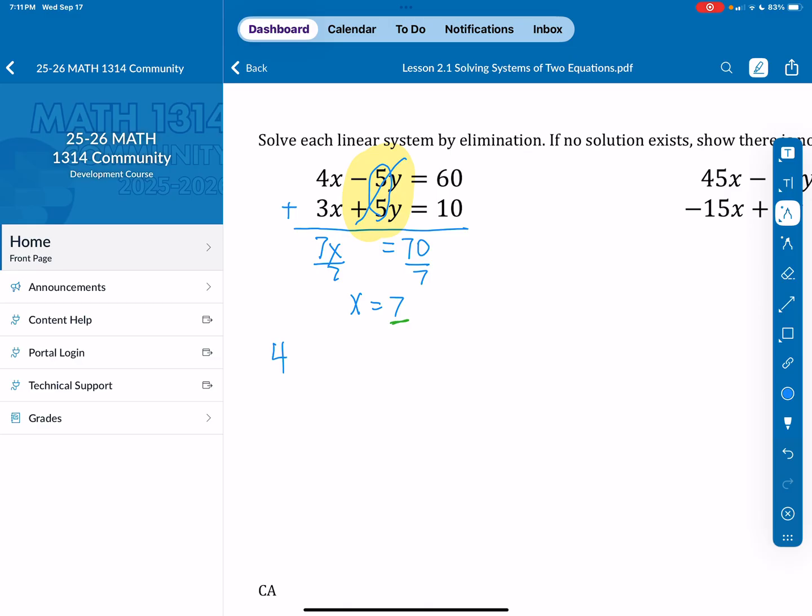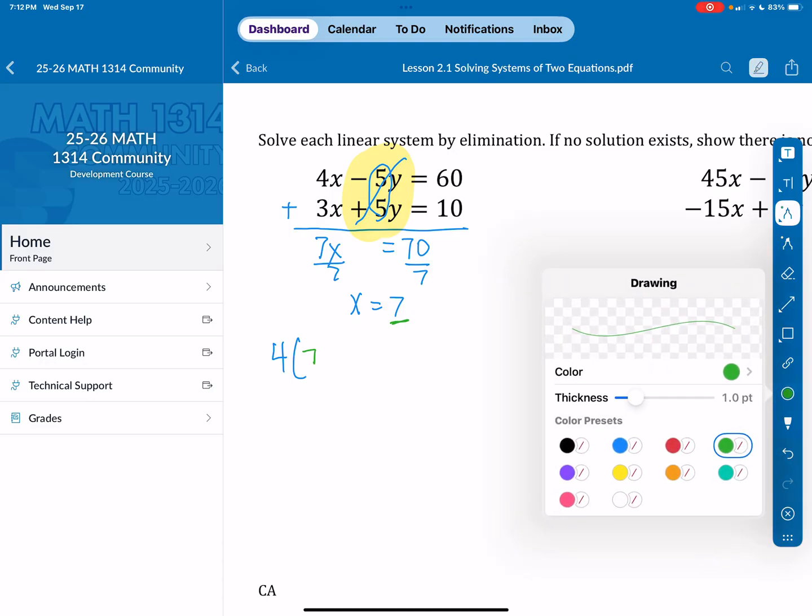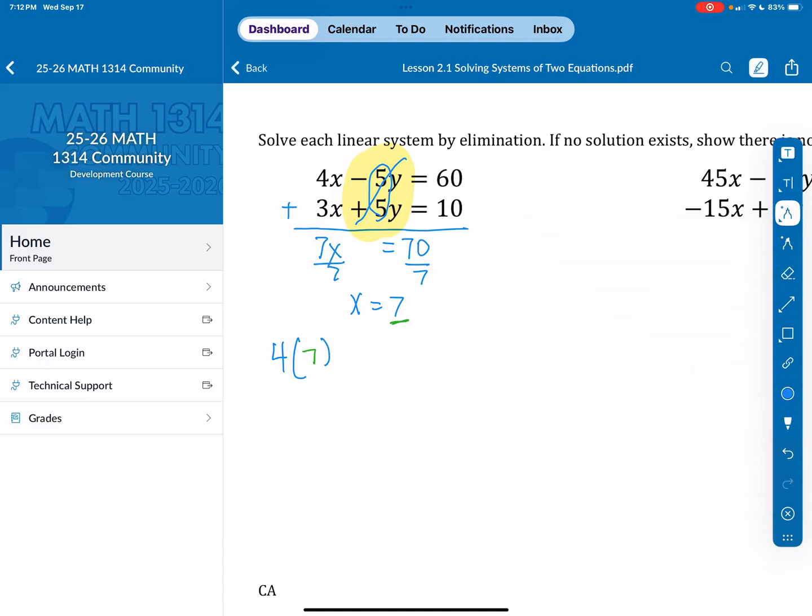So I would have 4 times 7, because that's what x is, minus 5y equals 60. Well, 4 times 7 is 28. So I have 28 minus 5y equals 60.